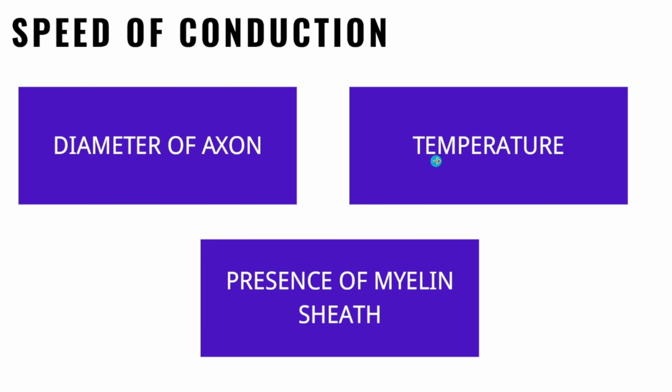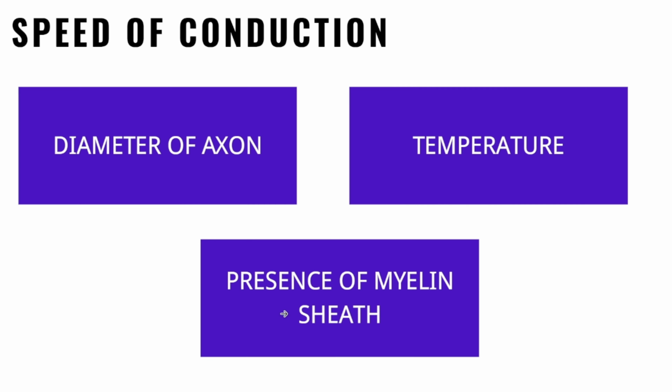But if you increase the temperature, it will increase the kinetic energy of the ions, so the diffusion of the ions moves faster compared to low temperature. But if too high, it will denature, your cell will die, and then your system fails. So temperature is one of the factors.